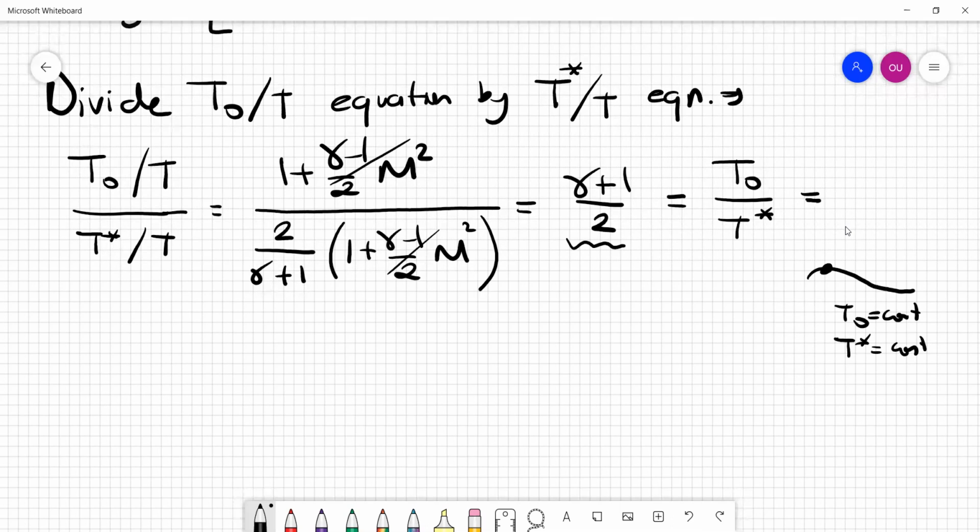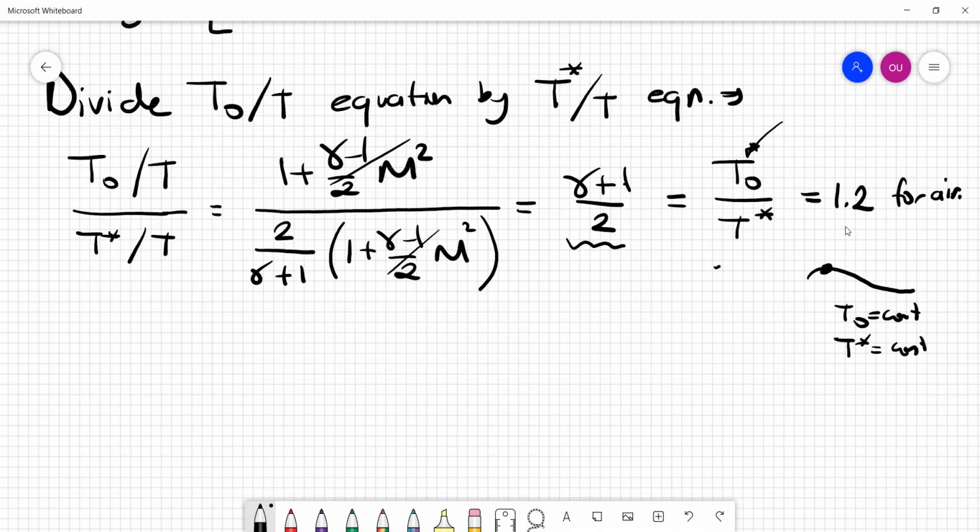So for air, let's say gamma is equal to 1.4, so this is 2.4 divided by 2, which is equal to 1.2 for air. So given flight Mach number conditions and altitude, you can directly calculate T0, and then you know that T star will be about 20% less than the T0 value that you calculate.